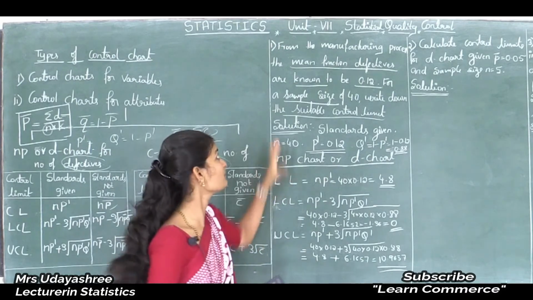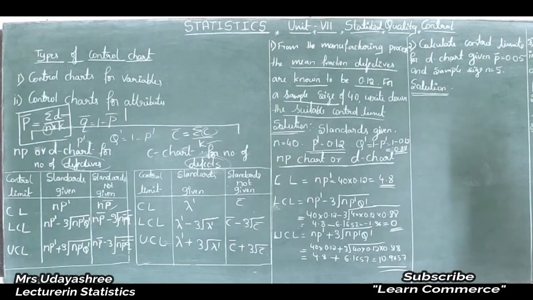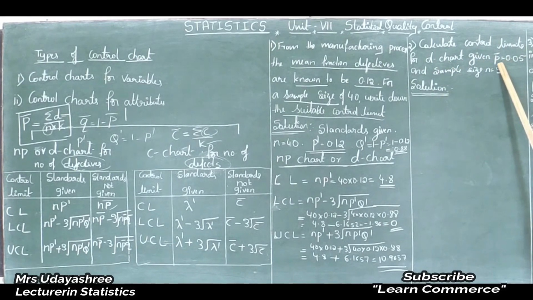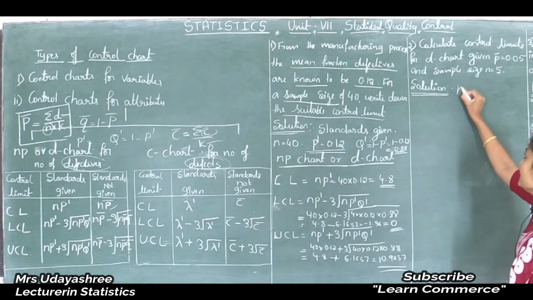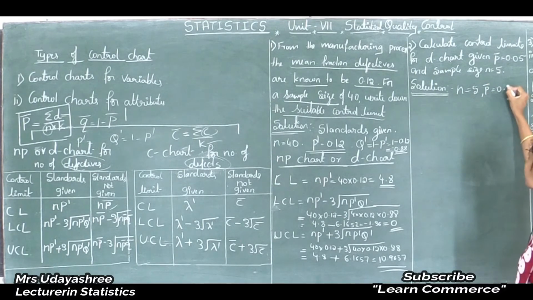Okay, this is all about the first problem. Next, let's see the second problem. The second problem is: calculate control limits for the D chart given P bar is equal to 0.05 and sample size n is equal to 5. So the given observations are n is equal to 5 and P bar is equal to 0.05.